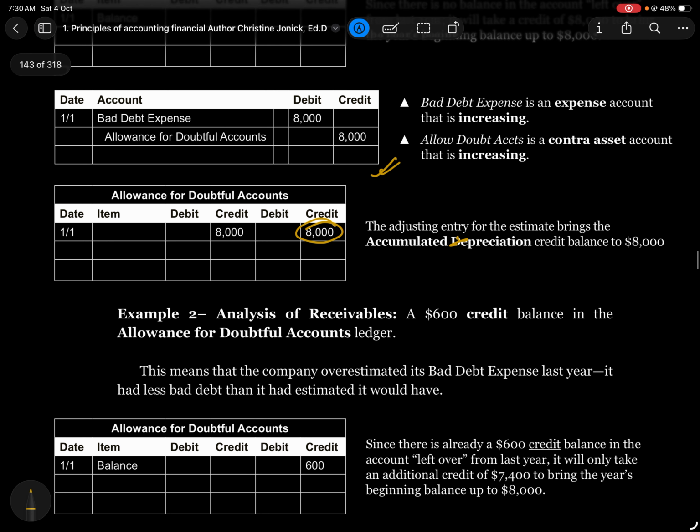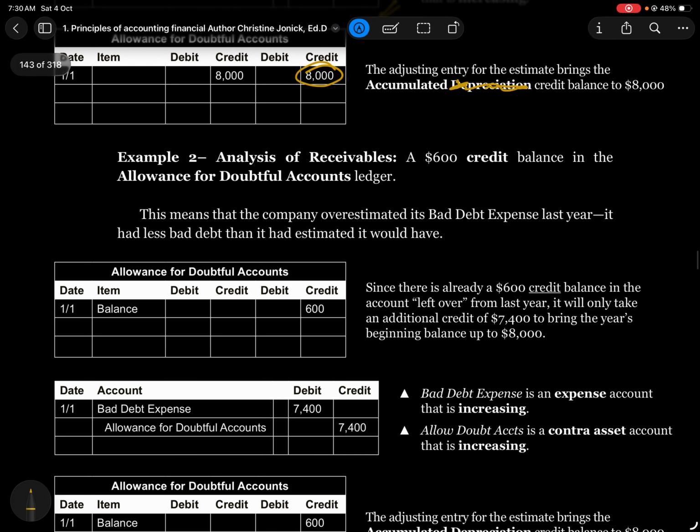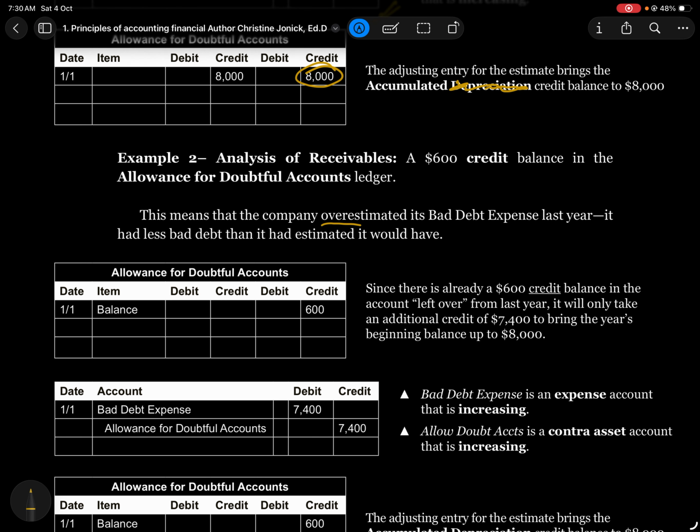And this is not accumulated depreciation. What happens is whenever we overestimate anything, there would be balance remaining on the doubtful debt, right?